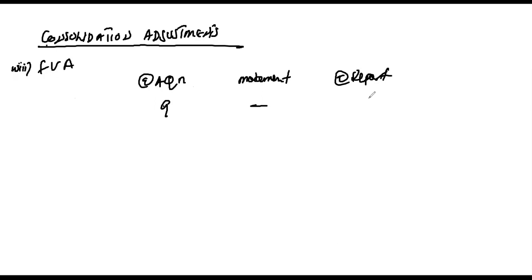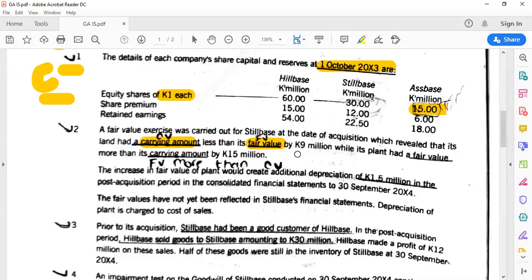Even at report, we don't have information that tells us the amount of this asset. All we know is that the fair value was higher than the carrying amount by 9, which means this is a gain of 9 million. So simply show a gain for now.